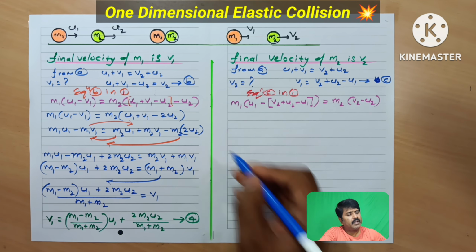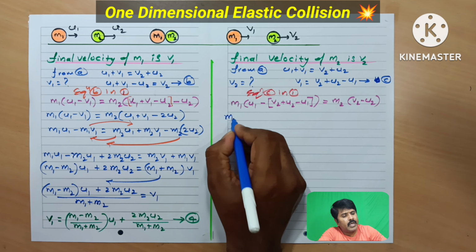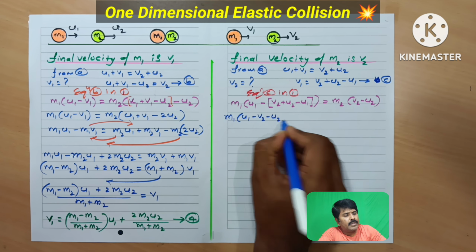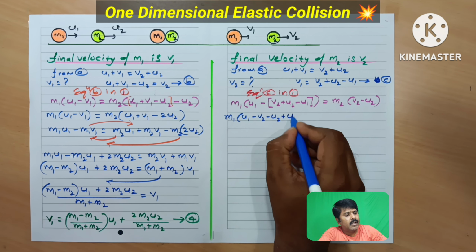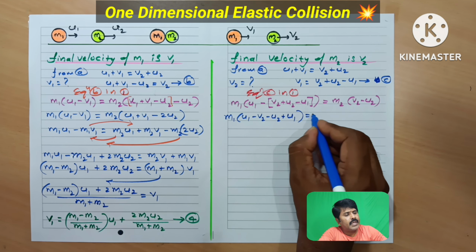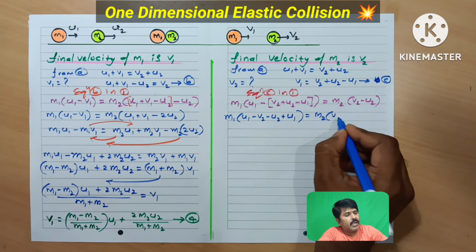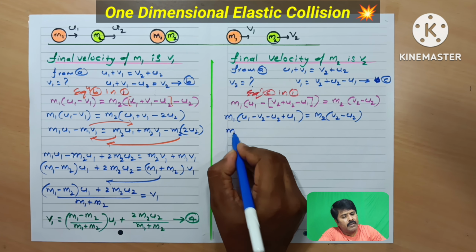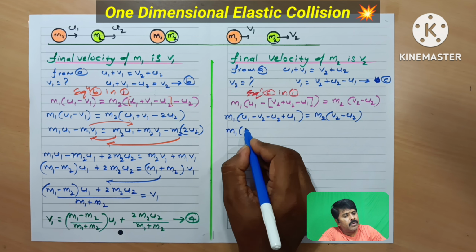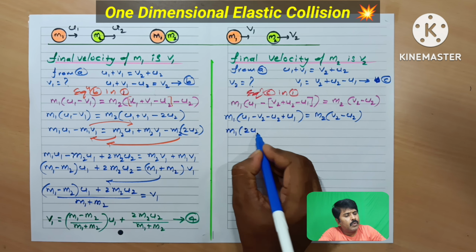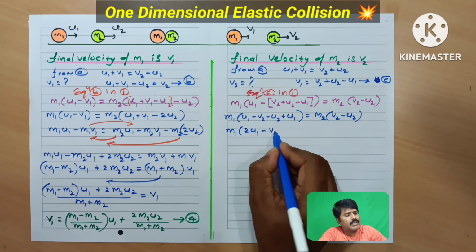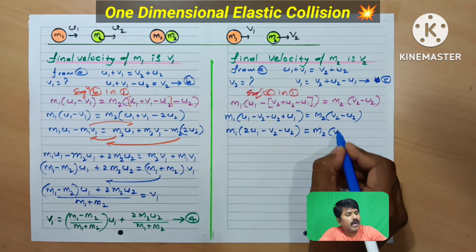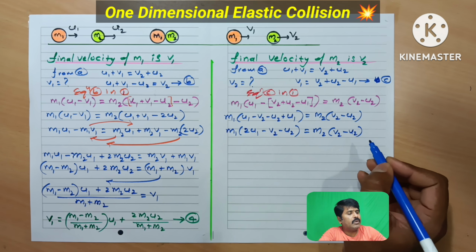And next, the minus is multiplied: m1 of u1 minus v2 minus u2 plus u1 is equal to m2 of v2 minus u2. See, student, m1 of u1 and u1, the addition 2u1, minus v2 minus u2, which is equal to m2 of v2 minus u2.